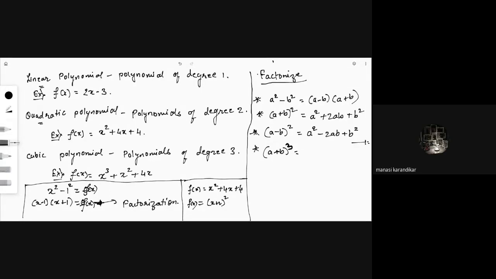Sir, a cube plus b cube plus 3ab. No. Aditi? A cube plus b cube plus 3ab, a plus b. No. 3ab, a plus b, yes. Now it is correct. Sir, I told the same. No, you said 3ab. That's why. Okay. So this can also be written as a cube plus 3a square b plus 3ab square plus b cube.